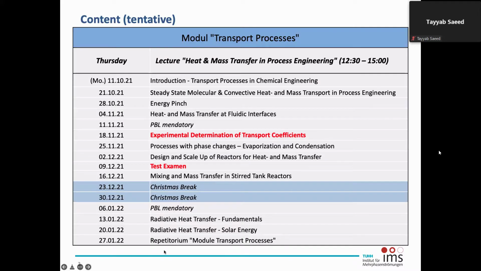As you can see, we are almost ready with this lecture. Last week we talked about radiative heat transfer fundamentals, and today we'll use these fundamentals to talk about heat transfer of solar energy. And next week we will wrap up the lecture with this repetitorium.